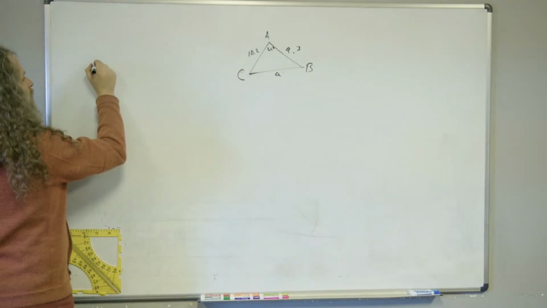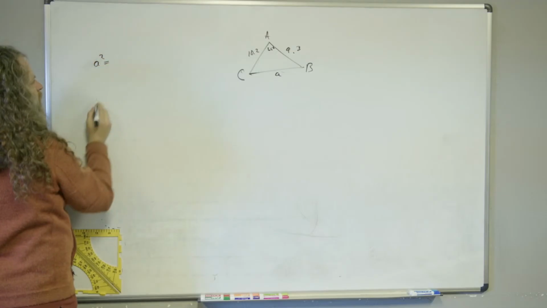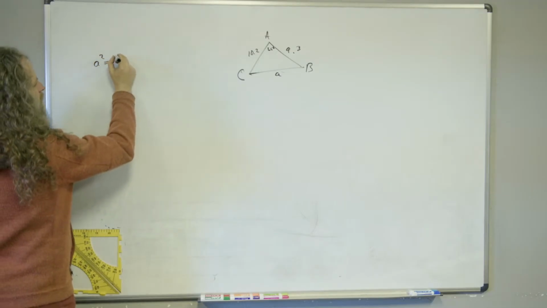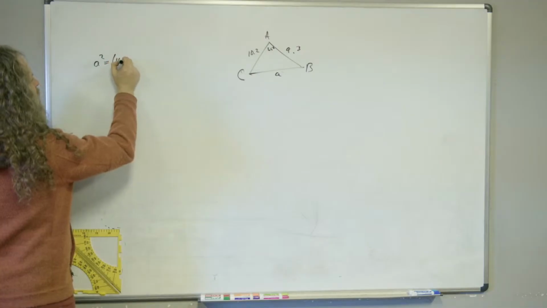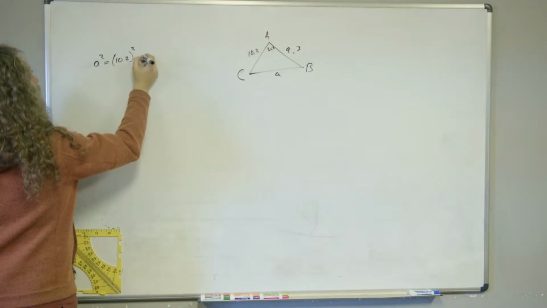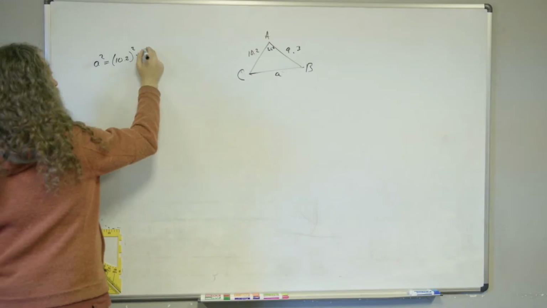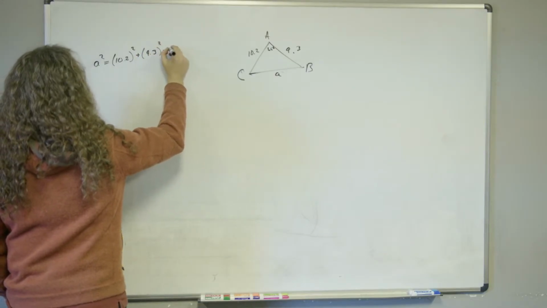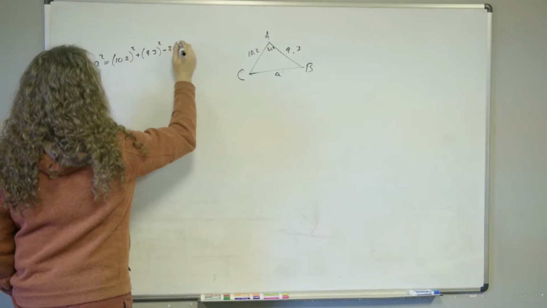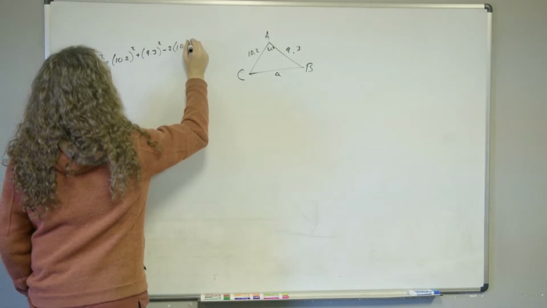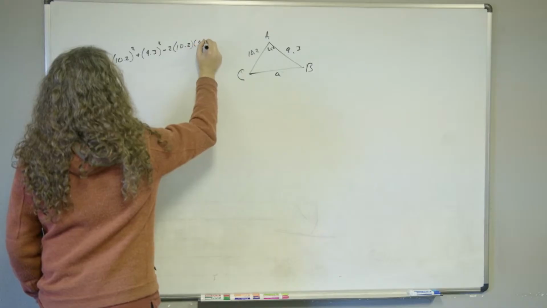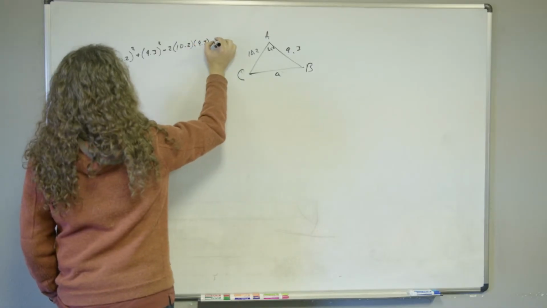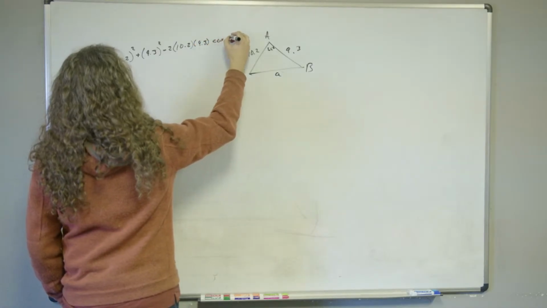So it's going to be A squared equals B squared, B is 10.2, plus C squared, so 9.3 squared, minus 2 times 10.2 times 9.3 times the cosine of the angle.